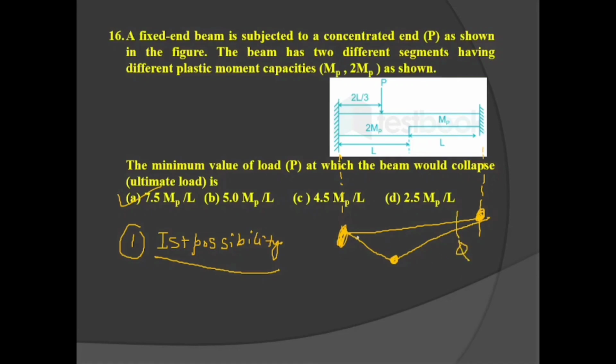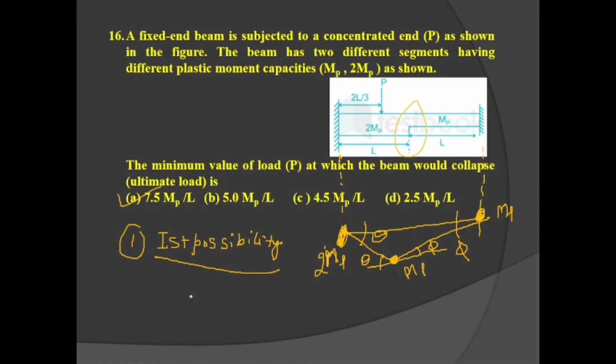Due to different lengths, this is phi and this is theta. This type of question, all questions we had discussed. MP, okay, but here 2 MP is there. At the junction the minimum value is taken, not the maximum value.